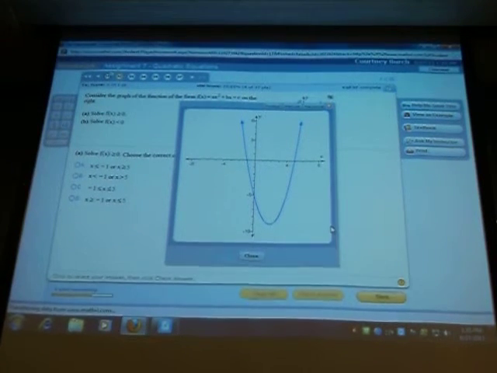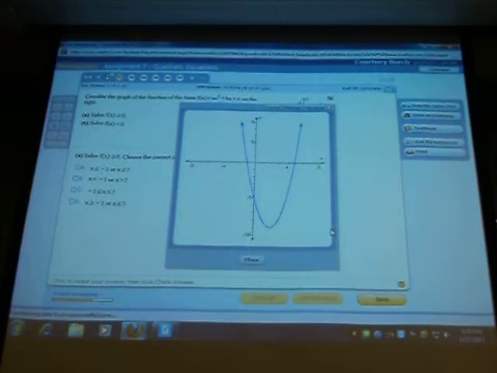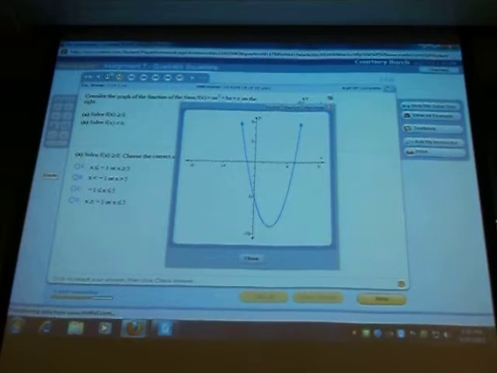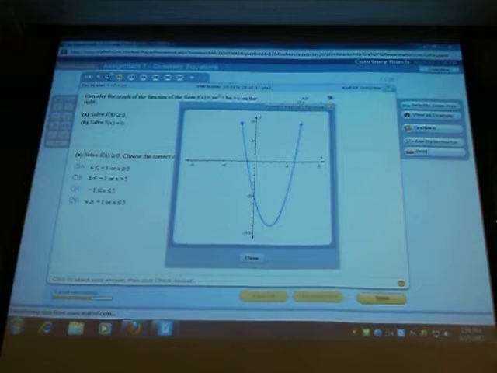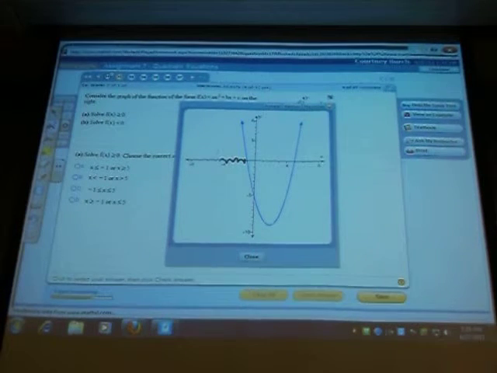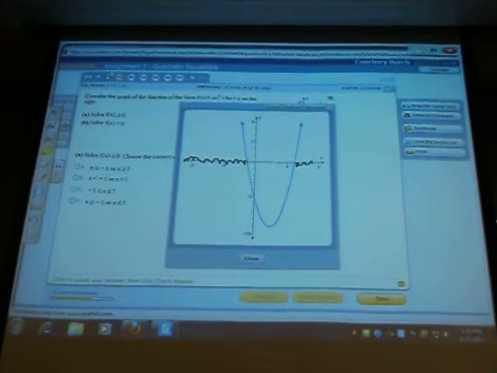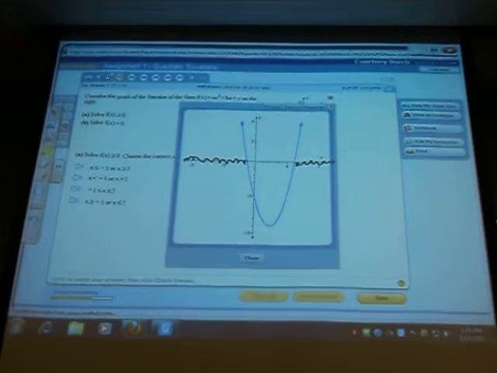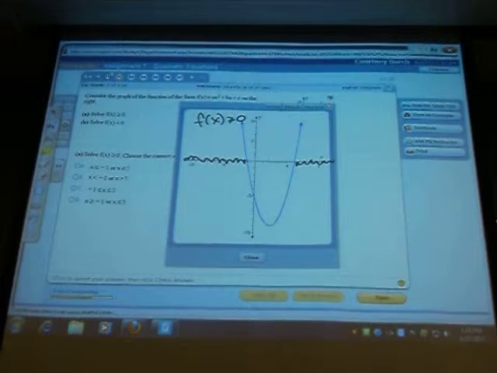Okay, so if they first ask me for greater than 0, it's greater than 0 over here and over here. Okay? Okay, greater than 0. And then it wants you to pick one.